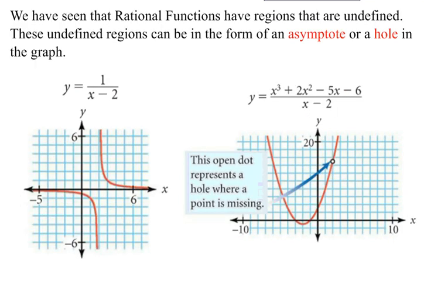We've seen the rational functions have regions that are undefined. These undefined regions can be in the form of an asymptote or a hole in the graph. Now the graph and the equation on the left, right here, y equals 1 over x minus 2. This is very familiar to us. This is the parent function, 1 over x, which we talked about. Except the x minus 2, we know shifts it to the right 2 units.